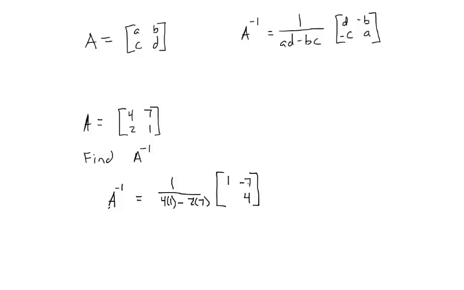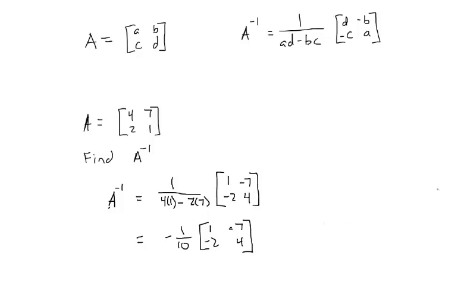So we have -7 and -2. And now we have 1 over 4 minus 14, or -1/10, times [1, -7; -2, 4].